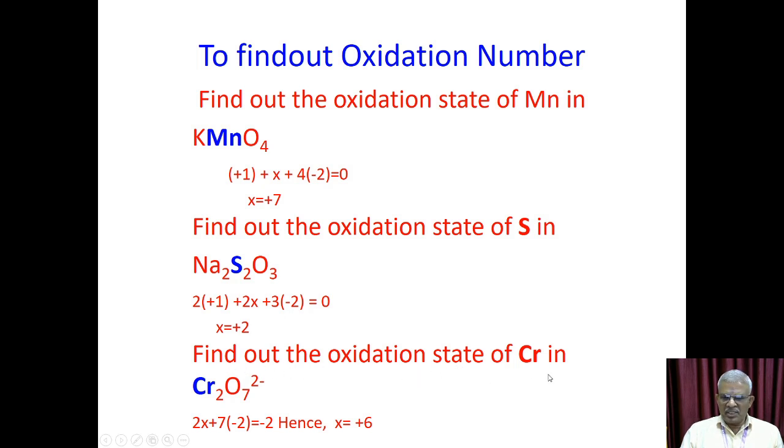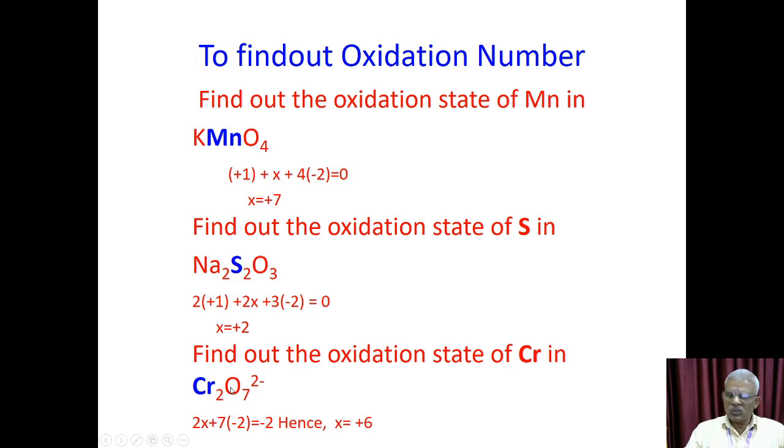Now another example. Find out the oxidation state of chromium in this ion, the same as potassium dichromate, but here there is no potassium, so instead of K2 we have the 2 minus charge, Cr2O7 2 minus. This is the dichromate ion, and here we are going to find out the oxidation state of chromium.